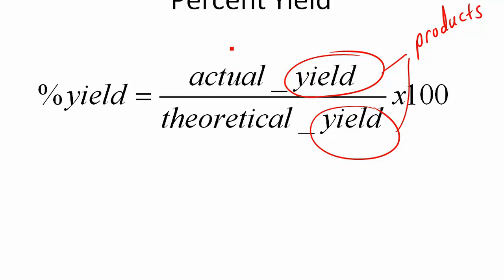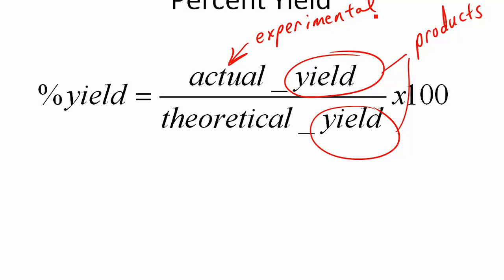All right, the actual yield is an experimental value, and in working one of these problems, that will either be given to you, or you'll be given a percent yield and be asked to back calculate that.